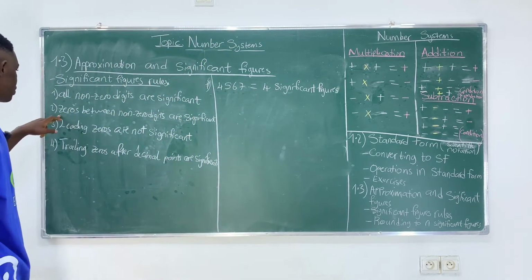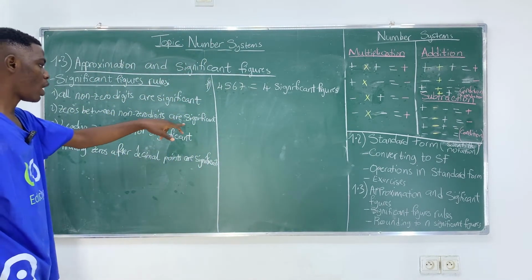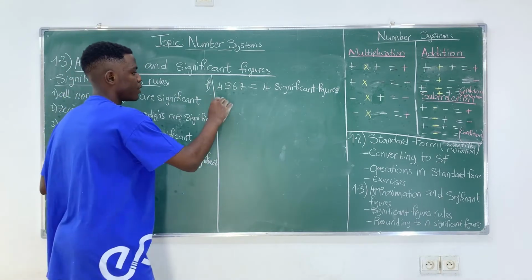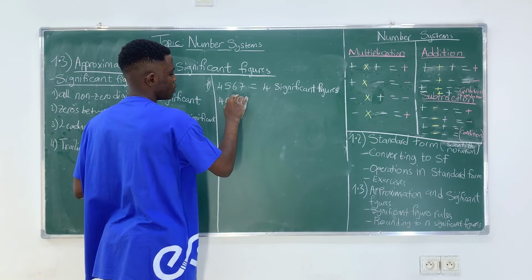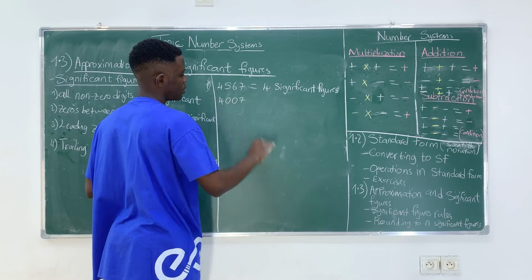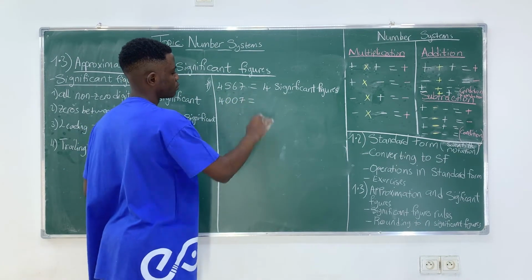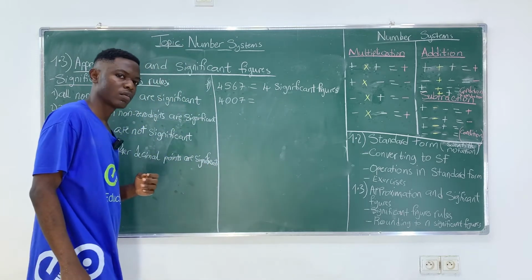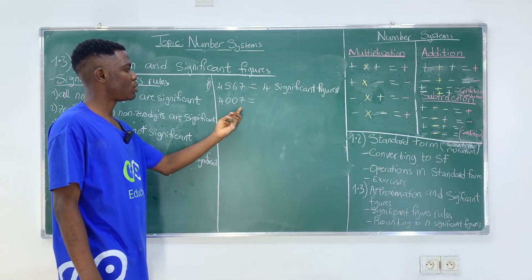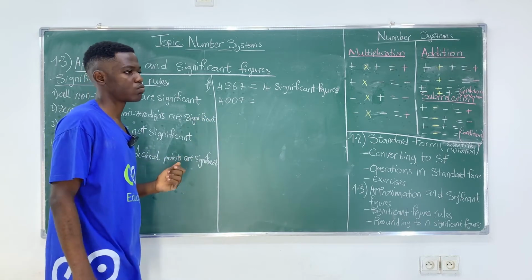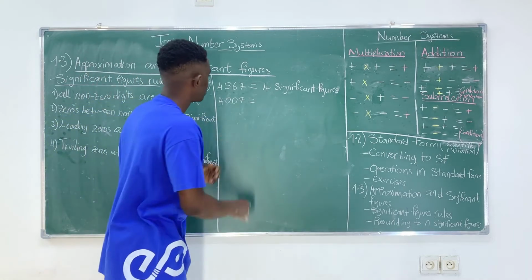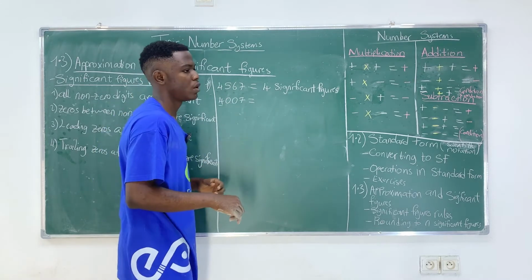The second one says zeros between non-zero digits are significant. So, for example, if you have 4, 0, 0, 7, these are zeros between non-zero digits. So they are significant figures because they are between non-zero digits. 4 is not 0.